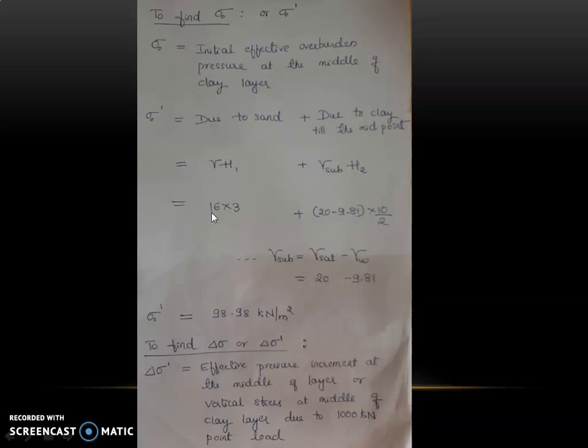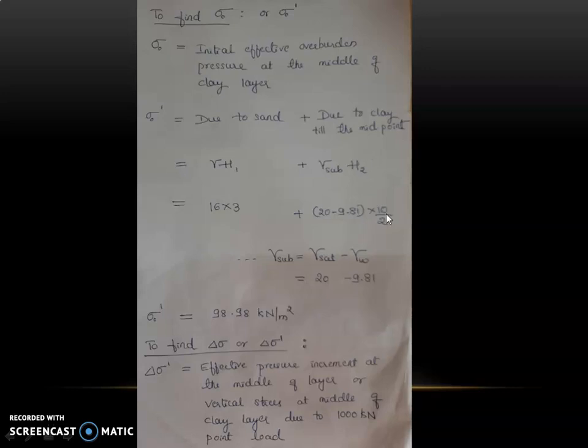So we have to consider submerged unit weight. Unit weight of sand is given as 60 and height of sand is 3 meter. And gamma submerged can be found out by knowing gamma saturated and gamma W. So gamma submerged equal to gamma saturated minus gamma W, which is 20 minus 9.81.